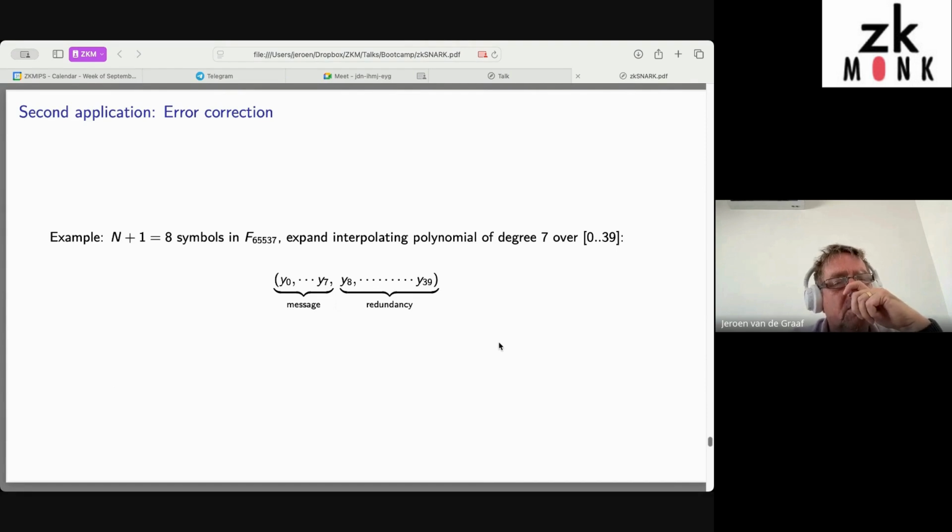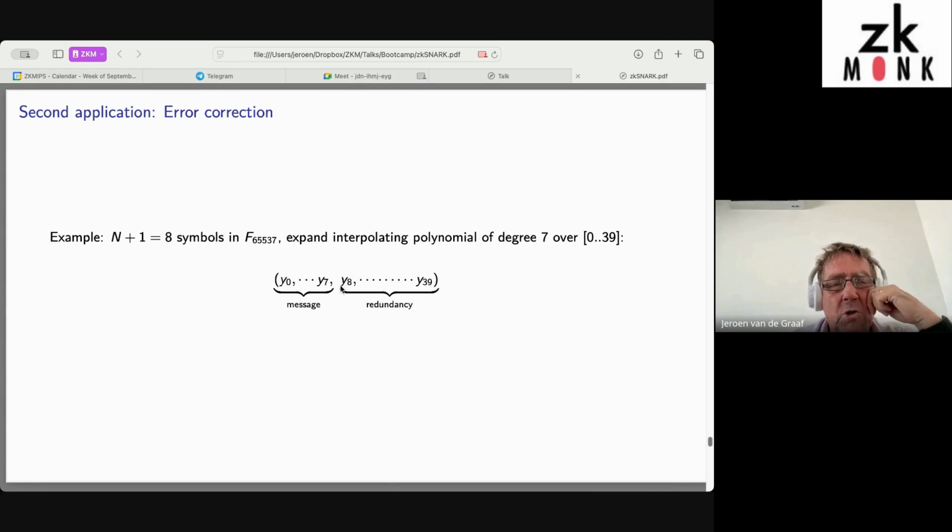So what you must understand is the following. The message here is eight words of 16 bits, and I'm going to expand this message by a factor of 5, right?